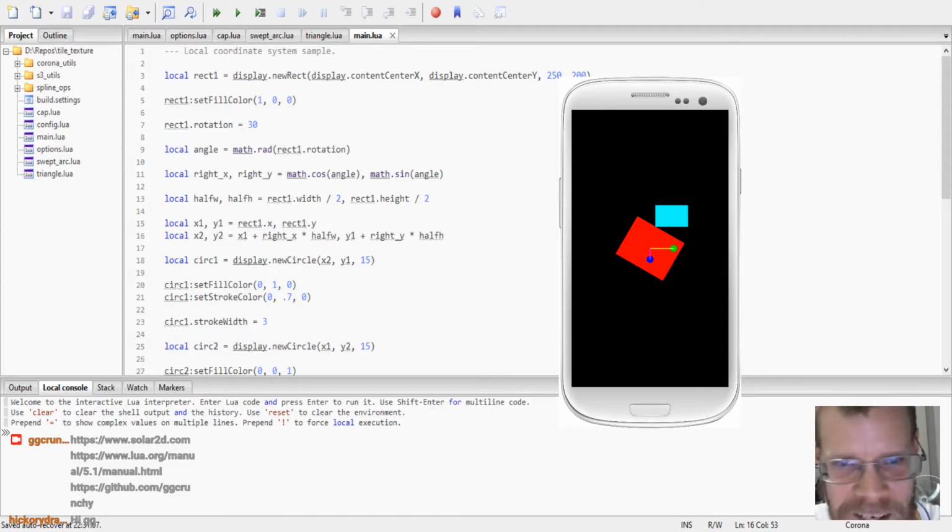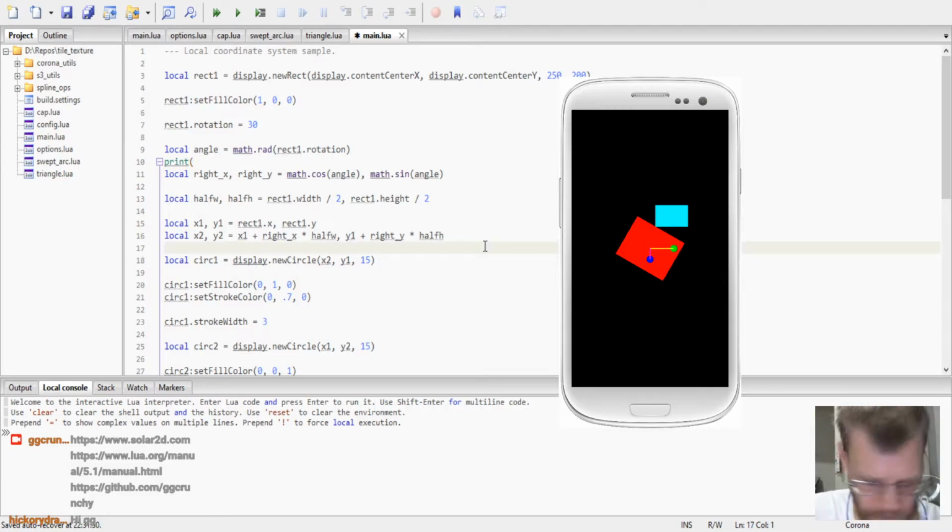And so far no change. Another angle. I should put this into this one. I don't know if that's visible.